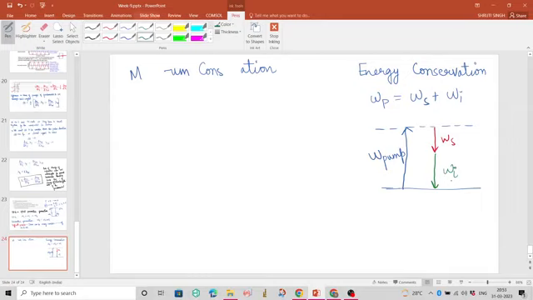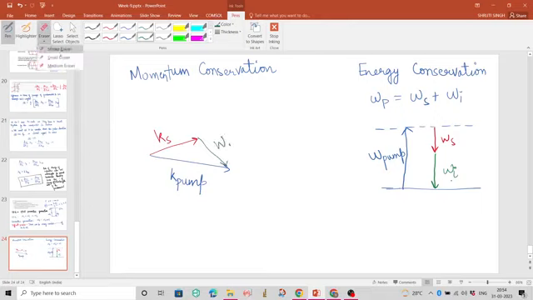Right, now the momentum conservation. If this is the momentum of the pump, K pump, then the momentum of the signal and the momentum of the idler should match.